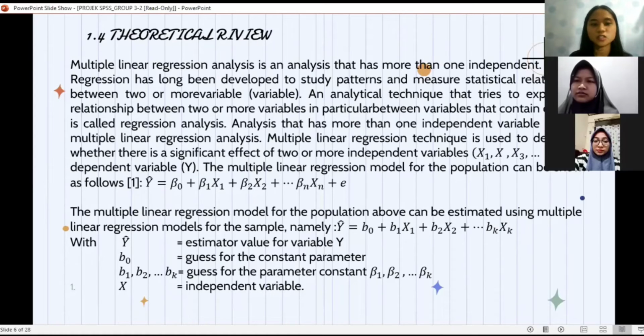The model for the population above can be estimated using multiple linear regression model for the sample, namely Y equals b0 plus b1 X1 plus b2 X2 plus until bkXk, with Y is estimator value for variable Y and b0 is guess for the constant parameter, and b1, b2 until bk is guess for the parameter constants beta 1, beta 2 until beta k, and X is independent variable. Next.